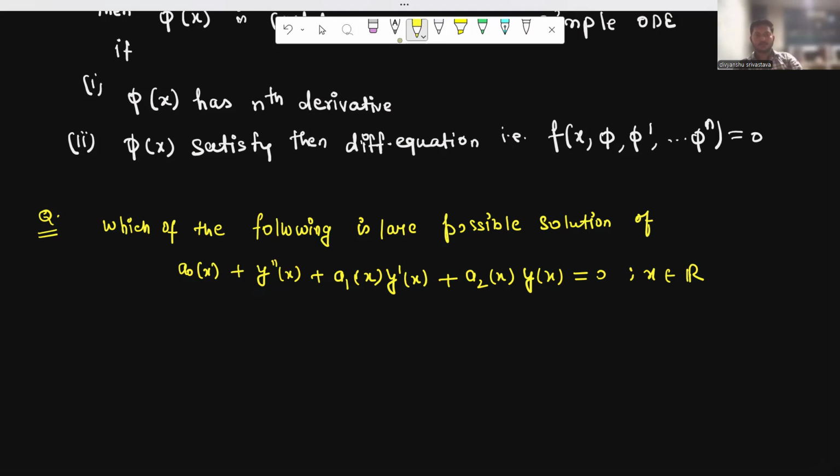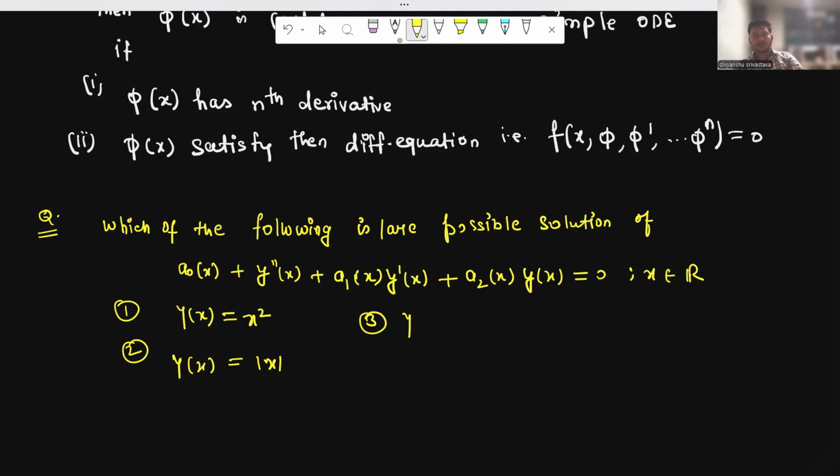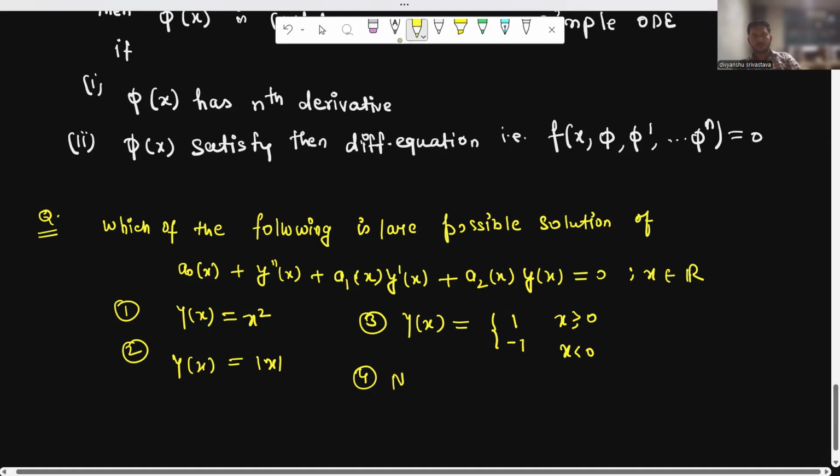Here are the options. The first option is y(x) equal to x^2. The second is y(x) equal to modulus of x. For the third, y(x) is a function like this: 1 minus x, where x is greater than or equal to 0, and x for x less than 0. And the fourth option is none.